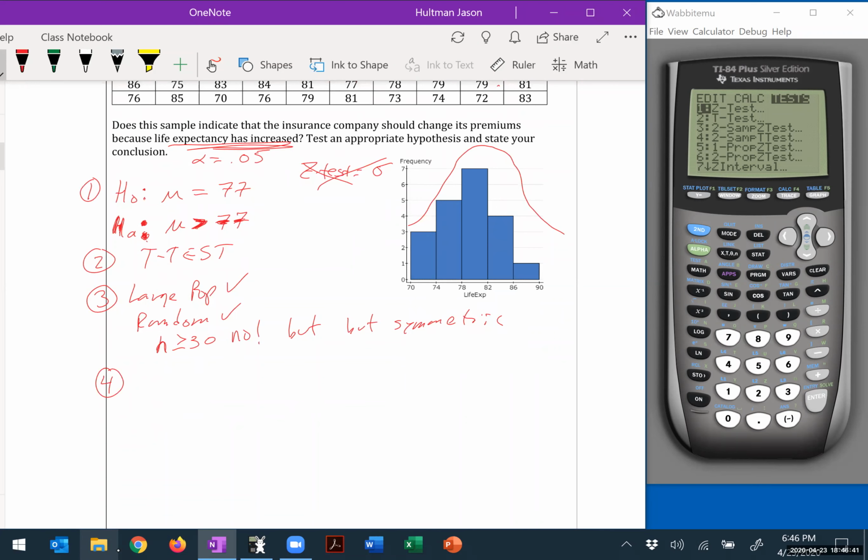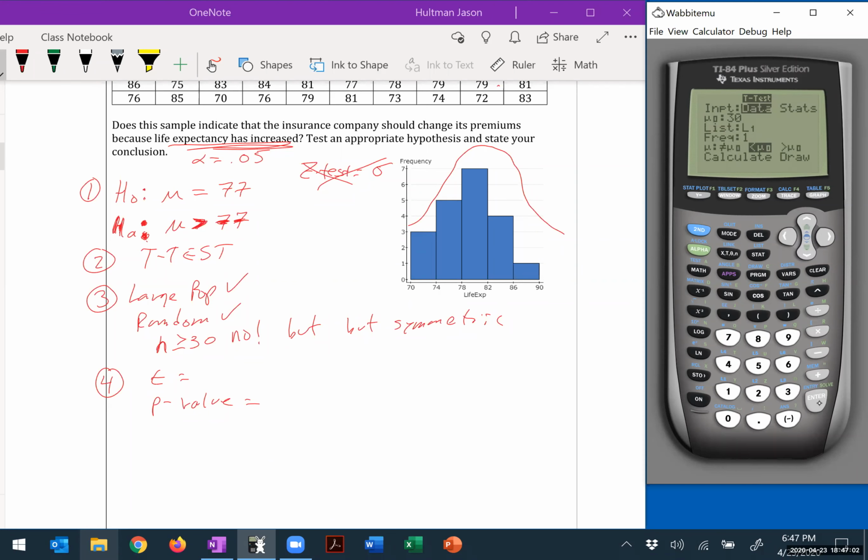We're going to have the calculator calculate the t-score and the p-value. So I'm going to go to test, t-test, and in this case, go to data.